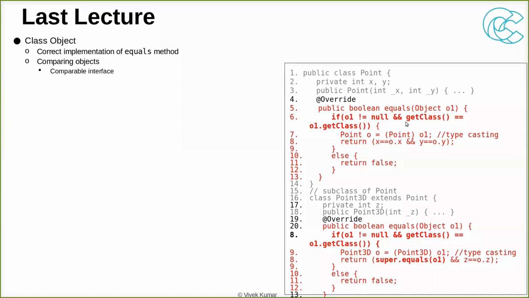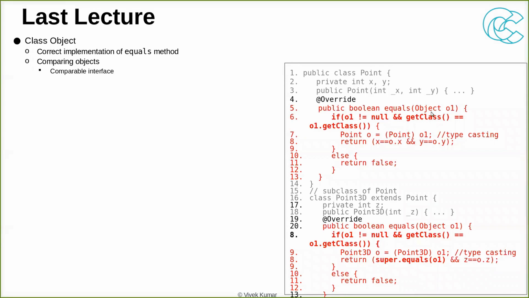The correct implementation should use getClass and not instanceof. Before you call getClass, you should also make sure that the instance is not null. Then you check for the equality of the states of the two objects.